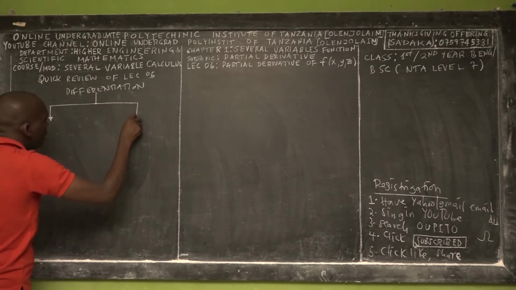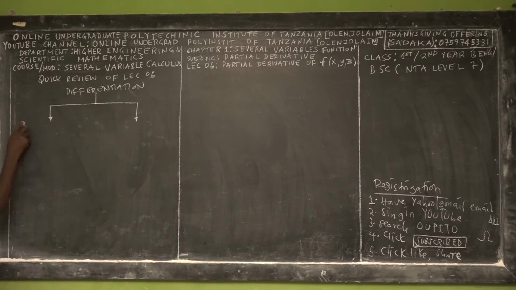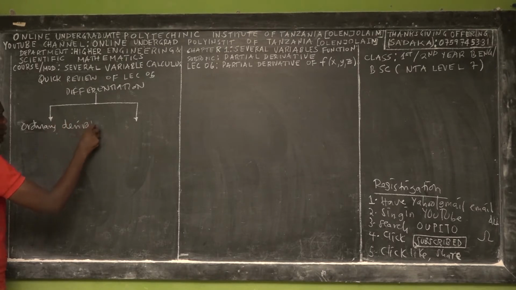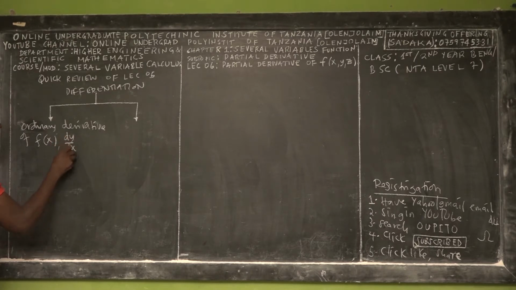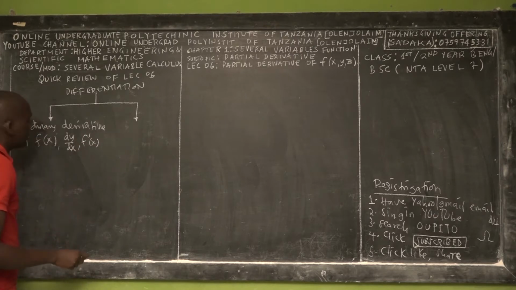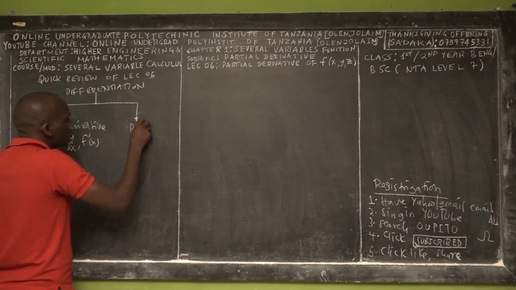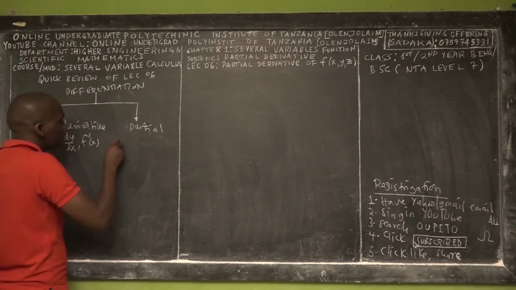We have the ordinary derivative, which is for a single-variable function f(x), like the one we have been writing, dy/dx. But we also have another type of derivative, which we call the partial derivative.